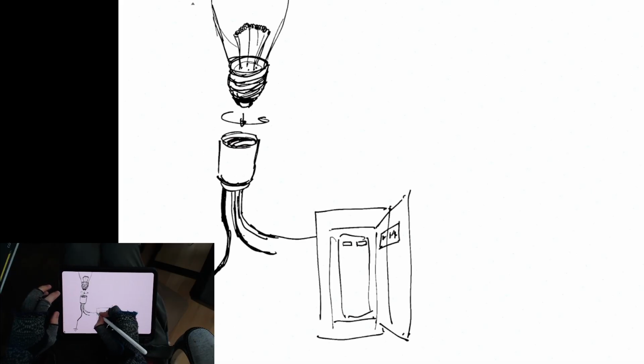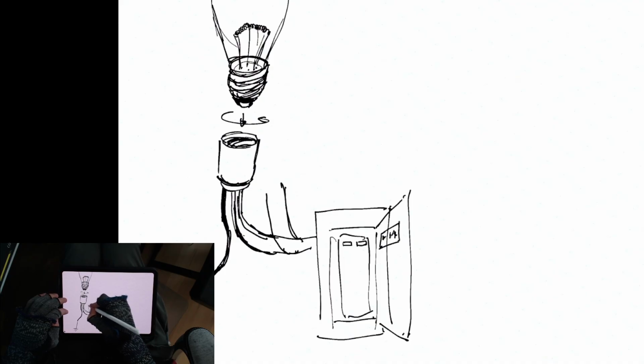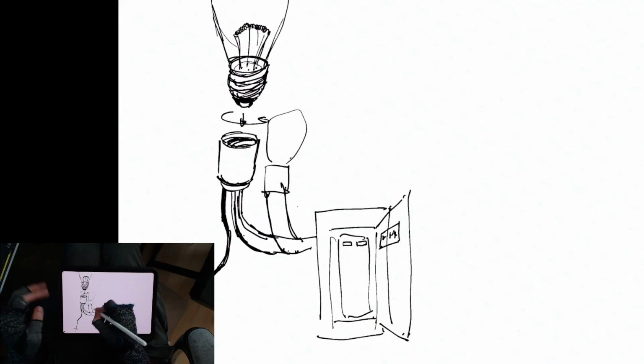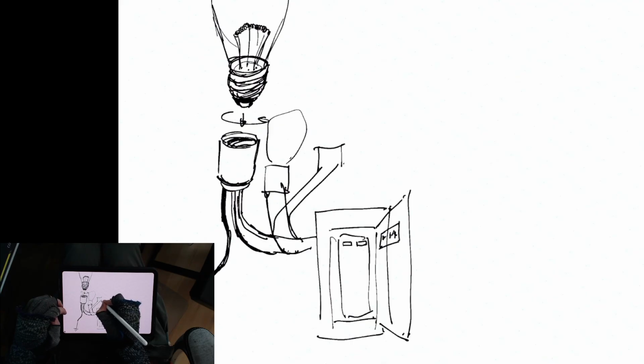So all this stuff goes off to a breaker box, and you might have several light bulbs in parallel, right? So they won't be in series, right? So something like this might have another light bulb, and so on, right? Like something like that might also have another light bulb.